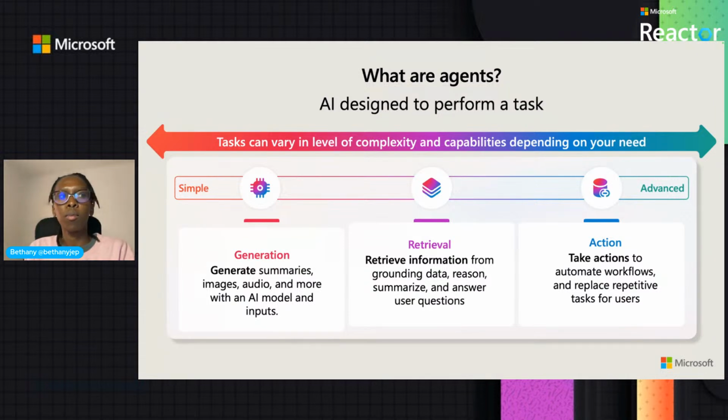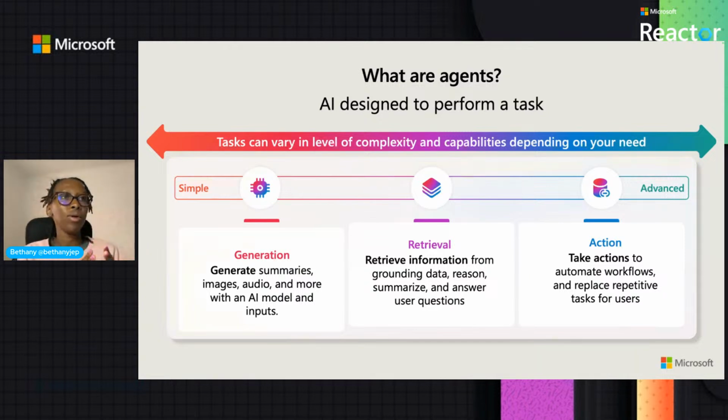So we might ground in some data to help it respond to questions better. And then the last bit is action. At the end of the day, AI agents should be able to perform a task, perform an action, using available tools. I'll show you what tools are available in Azure and what other tools you can implement. For today, we'll be using GitHub to try and make an action in GitHub using AI agents.